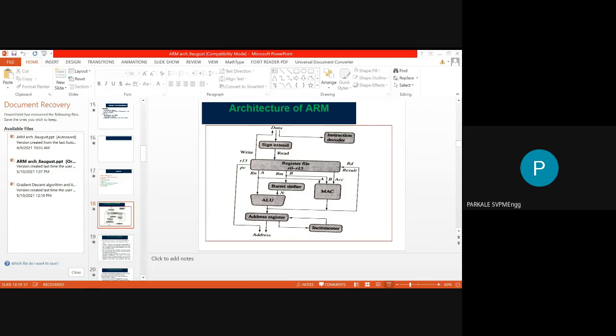So this is the simplest architecture I have seen, to explain and also to understand. The whole process I have given here. All the theoretical background is provided in the slides for your convenience, that is, the function of each and every block.